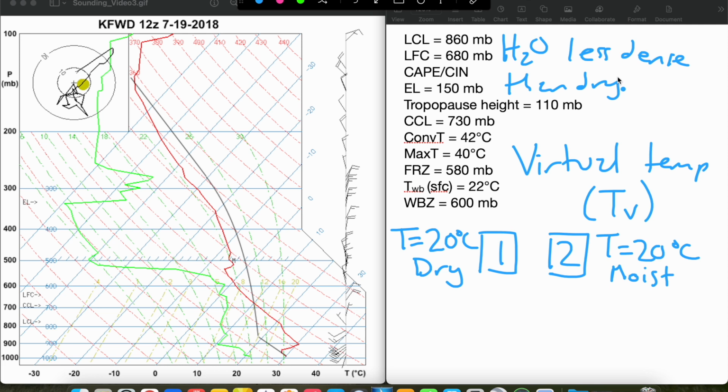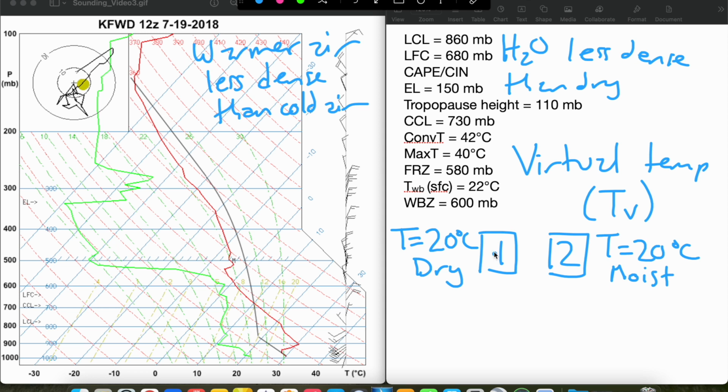So when you have a moist parcel, it is going to be less dense than dry air because water vapor itself has less mass than the typical constituents of the atmosphere, nitrogen, oxygen, etc. And we know that warmer air is less dense than colder air. That's basic physics. We know that warm air rises and cold air sinks. Well, it's because cold air tends to be more dense than warmer air.